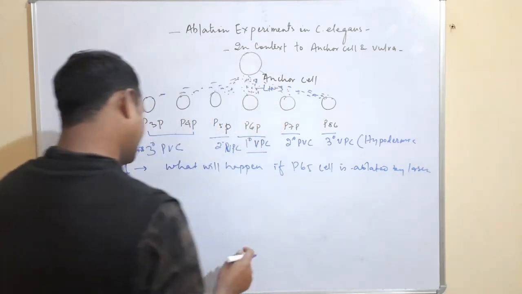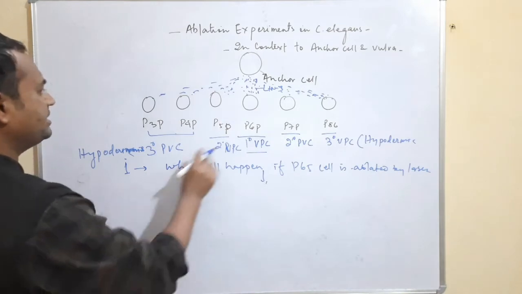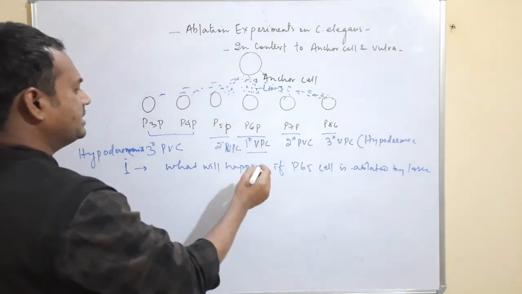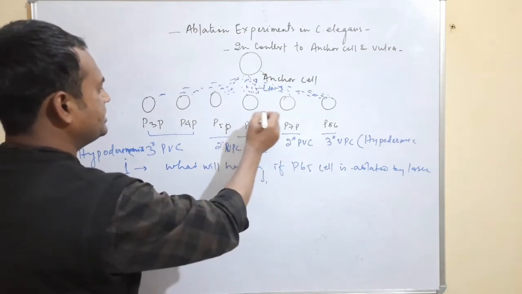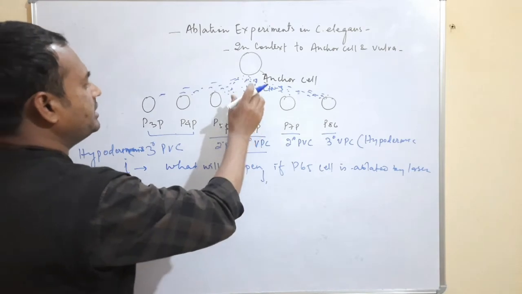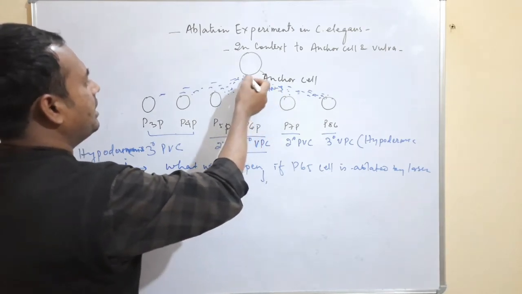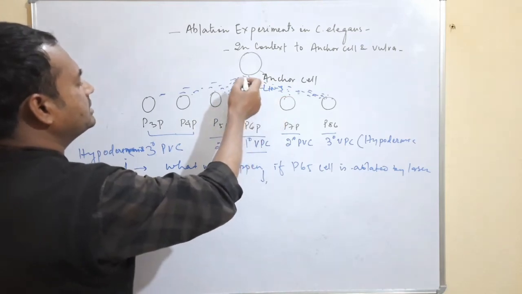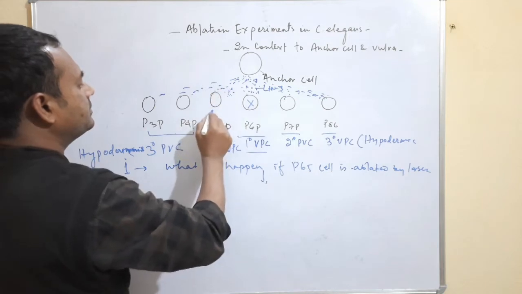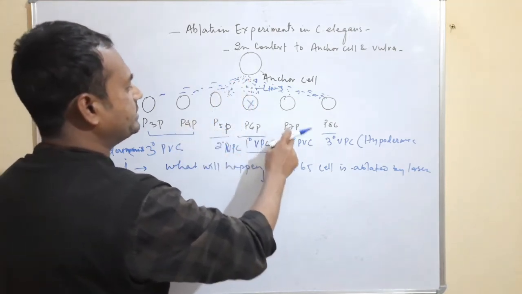So if the P6P cell is ablated with the help of the laser, then what will happen? The lin-3 protein will maximally be in contact with the P5P or P7P.